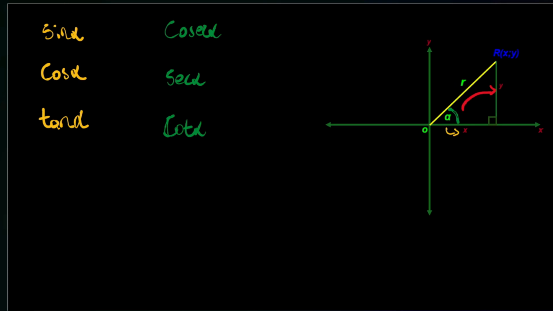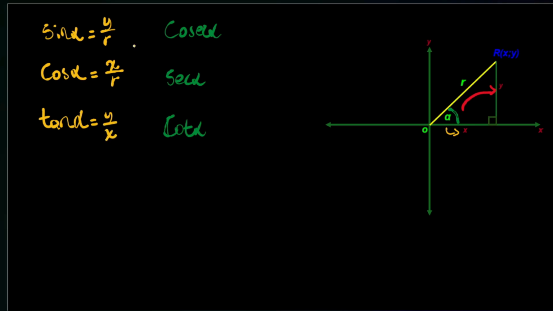So y is the opposite, so our sine of alpha is y, the opposite, over r, the hypotenuse. Then cos is the adjacent side, x, over the hypotenuse r, and tan is the opposite over the adjacent, which is y over x.